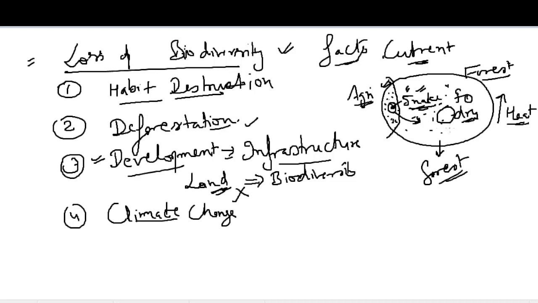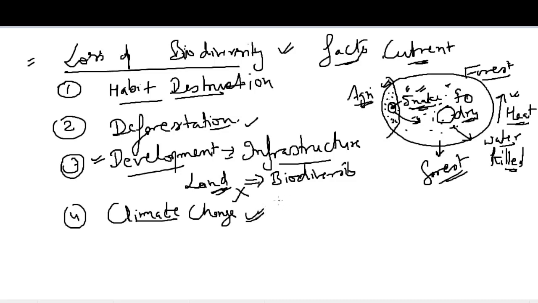The species living here will have to migrate to some other area where water may be available. So climate change has reduced the water resources inside the ecosystems, and hence the species have to migrate, or in the migration they may get killed. So this is the reduction in biodiversity due to climate change.